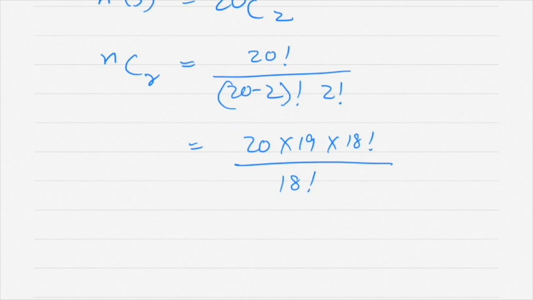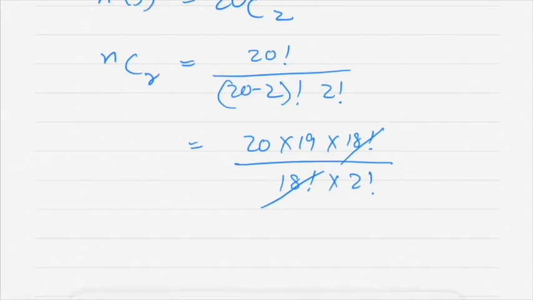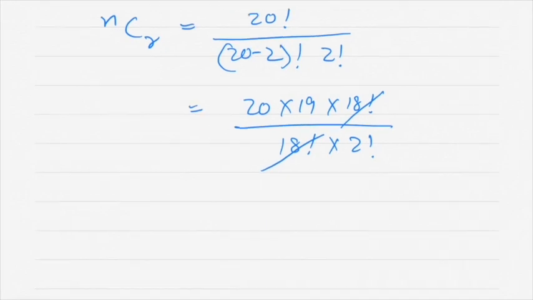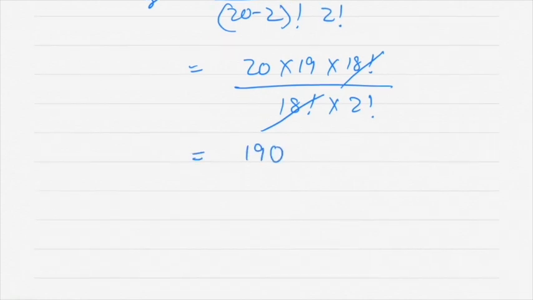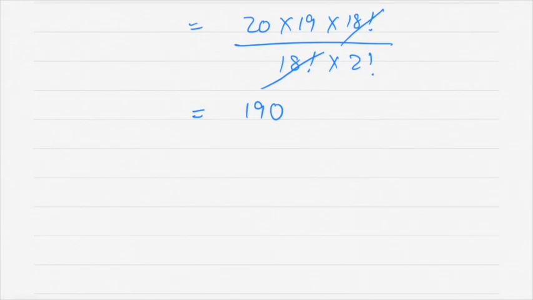So, 20 into 19 into 18 factorial, divided by 18 factorial into 2 factorial. 2 factorial is 2 only, right? So, 20 into 19 divided by 2, it is 190. We don't need calculator for this.